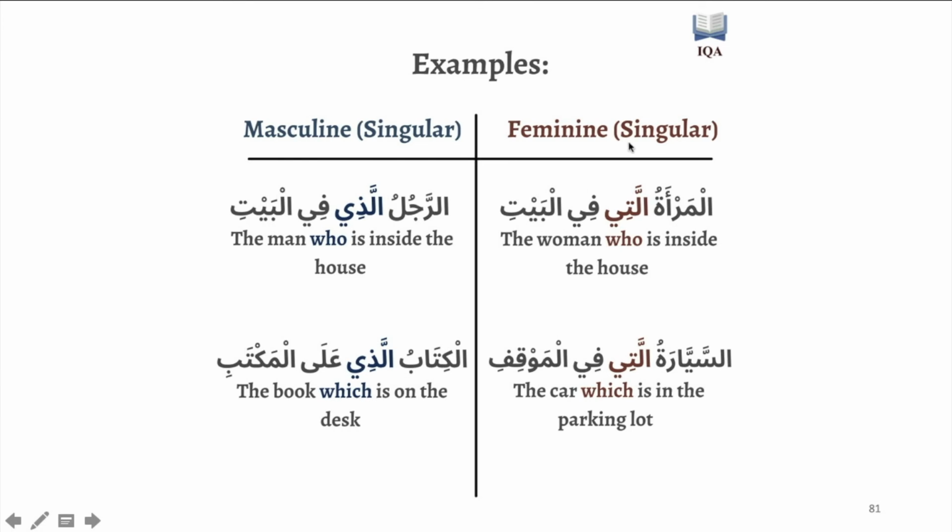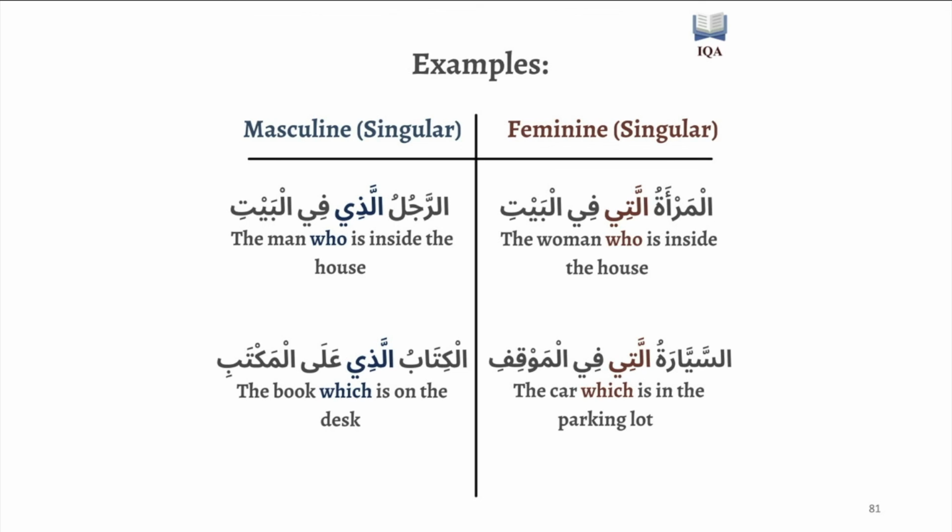The feminine singular form is allati: المرأة التي في البيت, the woman who is inside the house. Same thing for سيارة. سيارة is an inanimate object, but it has a ta marbuta, so we treat it as a feminine noun. So we're also going to use التي, but here it is translated as which: السيارة التي في الموقف, the car which is in the parking lot.